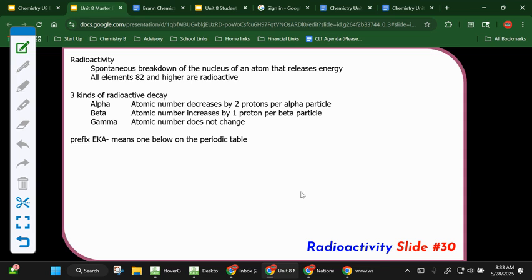The first is what is called alpha decay. In alpha decay, 2 protons and 2 neutrons break apart from the nucleus of the atom. The alpha particle is 2 protons and 2 neutrons. By the way, anything with 2 protons is a what? What has 2 protons?